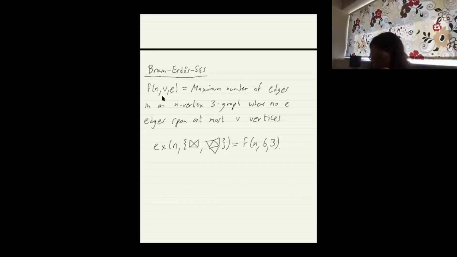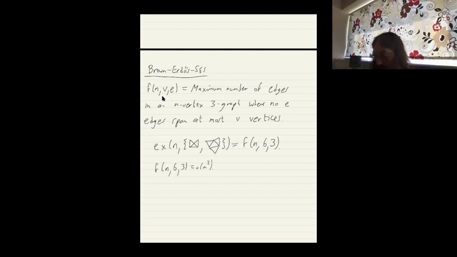Clearly this configuration here has exactly 6 vertices and 3 edges, so we don't want that to be there. And if you get this configuration here, then it's easy to add another edge connected to it, and that's a (6,3) configuration. So you don't want either of those. And so in this particular case, we know that this extremal number, this thing that contradicts the rational exponents conjecture, has F_n(6,3) equal to little o of n squared.